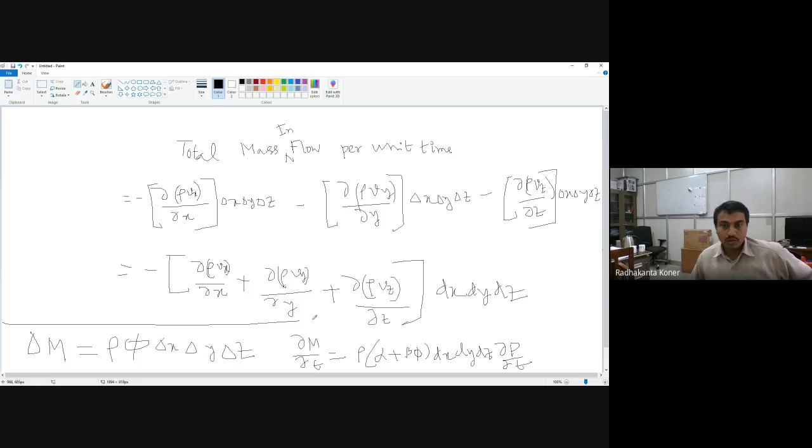This will be required when we want to express that mass equilibrium is achieved. Now equate this mass flow rate to the mass change.